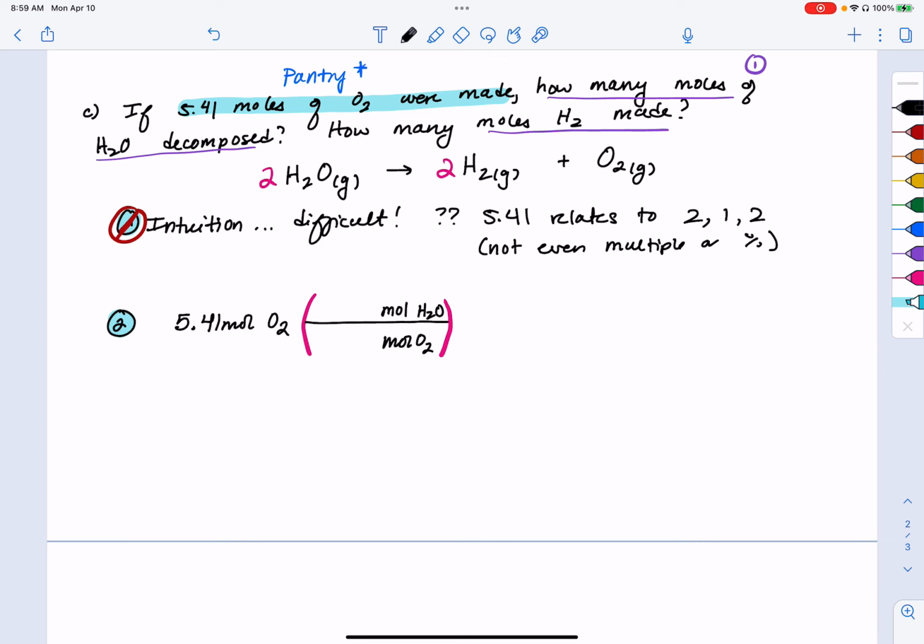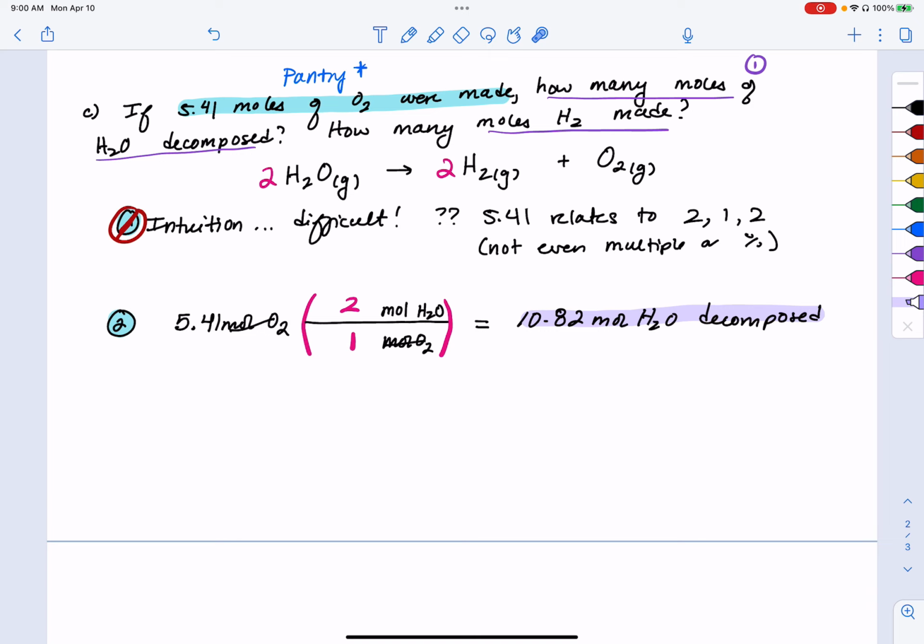Now notice, I am being very particular and careful about how I am labeling everything. I'm not just labeling moles and moles and moles, because when we do stoichiometry as chemists, we care about the mole quantity of one thing being different from the mole quantity of another thing, right?